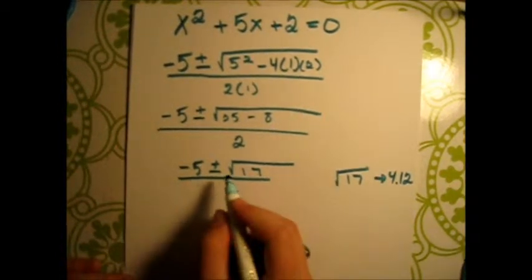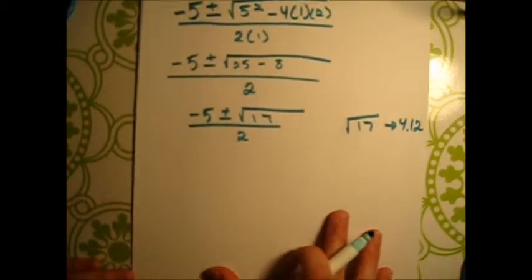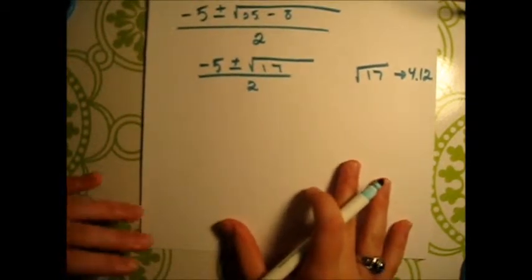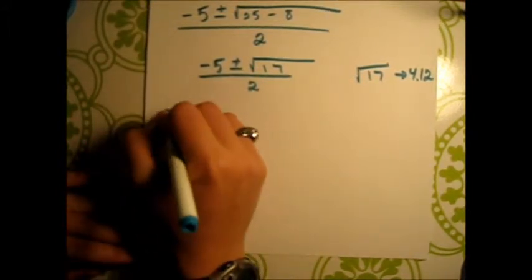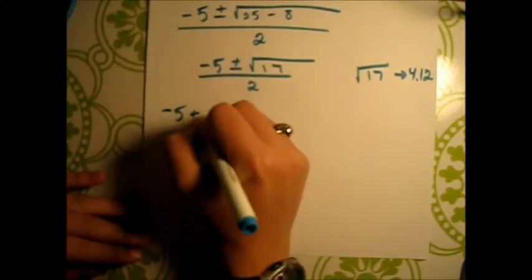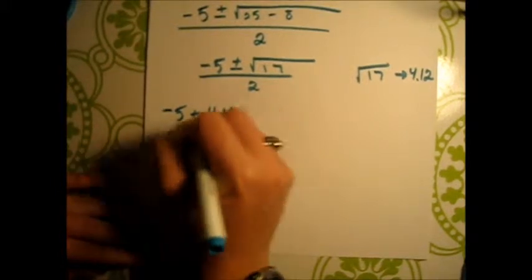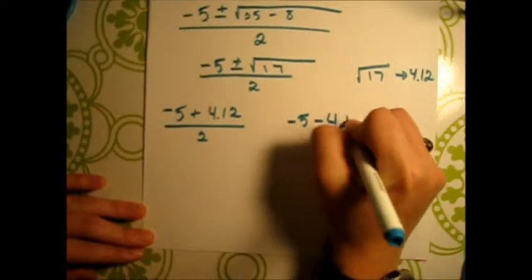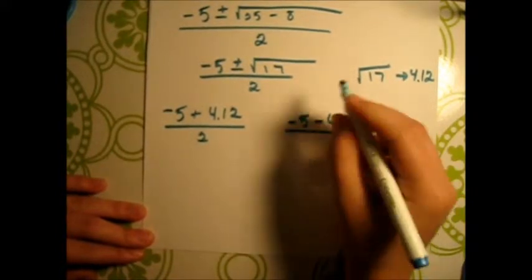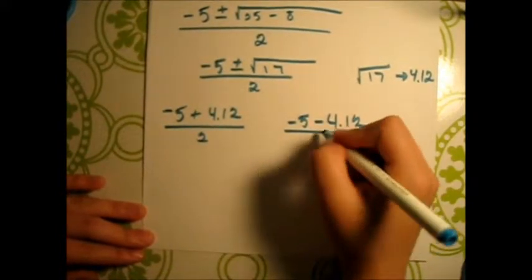Now we're going to split the plus or minus into 2 so that we get 2 different answers. So we're going to get negative 5 plus 4.12 over 2 and negative 5 minus 4.12 over 2. We're going to start over here.